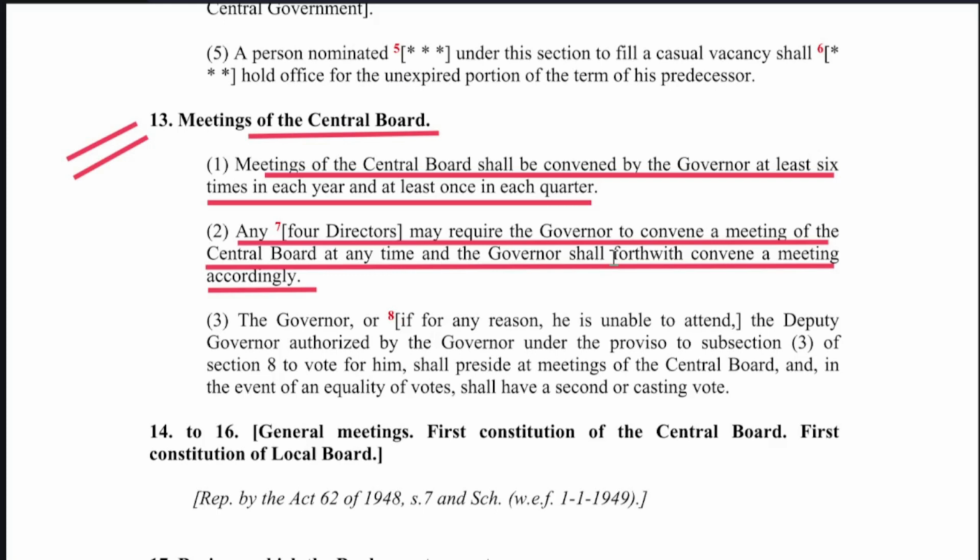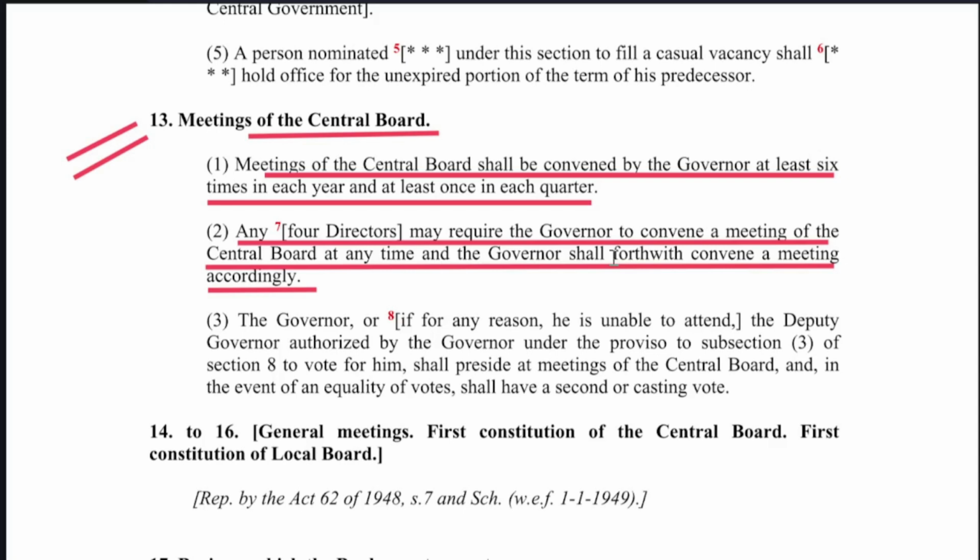Subsection 2 says that any 4 directors may require the governor to convene a meeting of the central board at any time, and the governor shall forthwith convene a meeting accordingly. Meaning thereby, in the composition of the central board of directors, if any 4 of the directors who are members of the central board say that a meeting should happen, then the governor should convene a meeting of the central board, and this has to happen immediately.